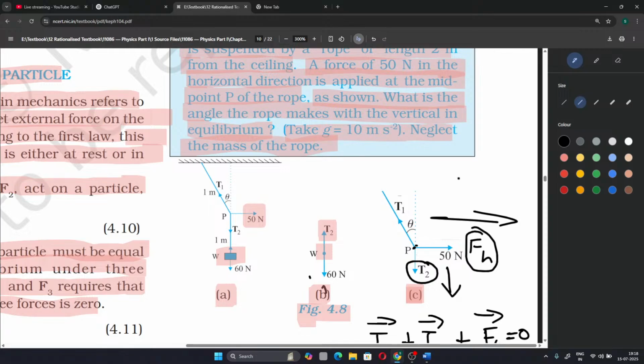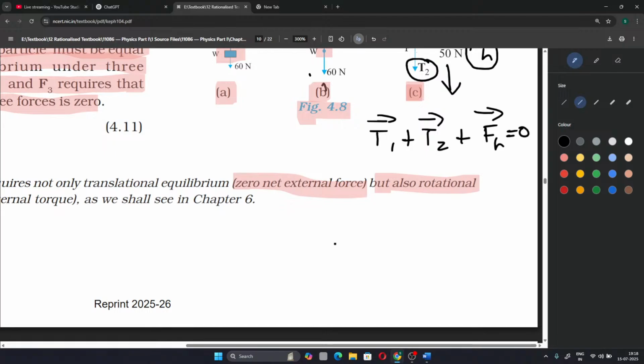So the only thing that needs to be resolved is T1, which is making a theta with the vertical. This T1 should be resolved in this way. Wait, not this way. This is the force acting like this.